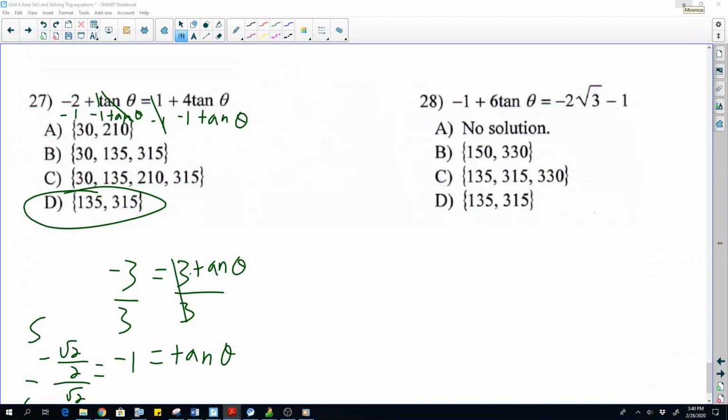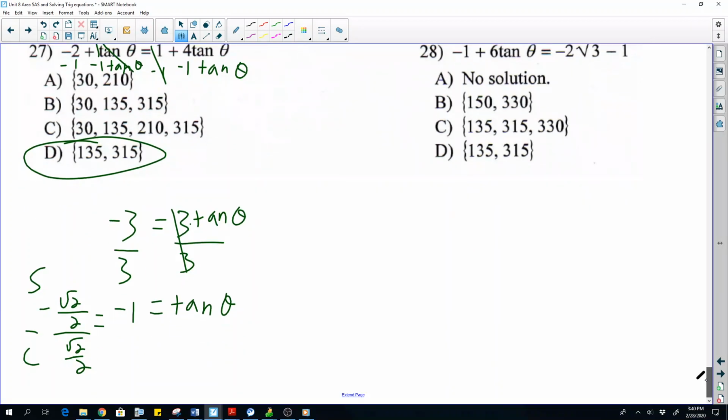Awesome. We helped you out there. So thanks for watching. Go ahead and try 28 and 26 and 25, multiple choice options. Again, we used the unit circle, and we tried to find where radical 2 negative and positive are. That's these 45-degree angles, right? Negative radical 2 over 2 and positive radical 2 over 2.